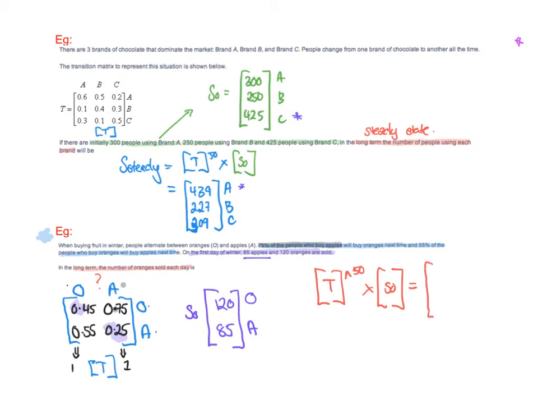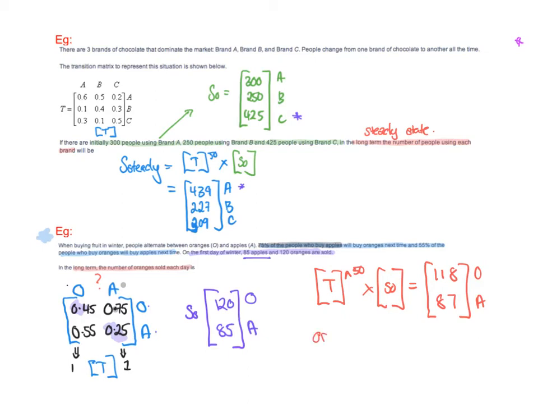So we've worked it out on the calculator, and we've seen that this is 118 and this is 87. Okay, so this was oranges and apples. Now they asked me in the long term how much is sold. They don't want the state matrix, they actually want a statement.